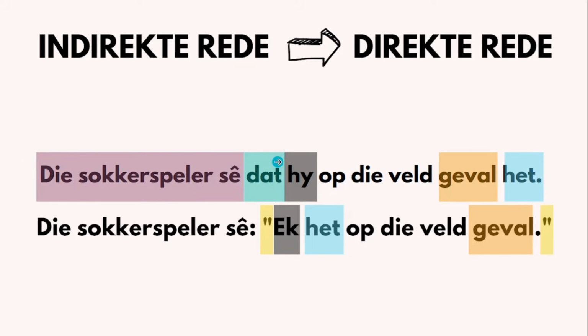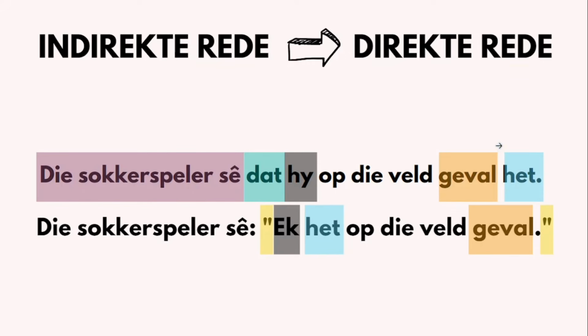You know that dat is only in the indirekte rede, and then you know that hy would be the sokkerspeler, op die veld. Geval would be your verb 2, and then het would be your verb 1, because you would have known that if it went from direct to indirect, the first verb of the sentence must go to the end. So there we go.